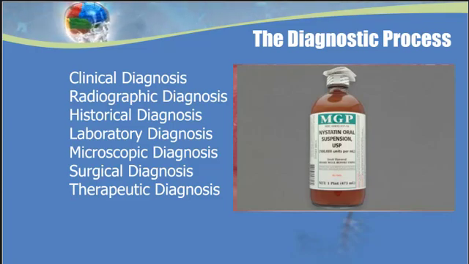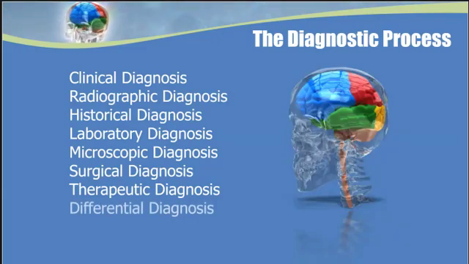If it's still there, then we would need to refer for further evaluation. So a therapeutic diagnosis means we treat what is most likely the cause, and if improvement occurs, then we diagnose based on our therapy.